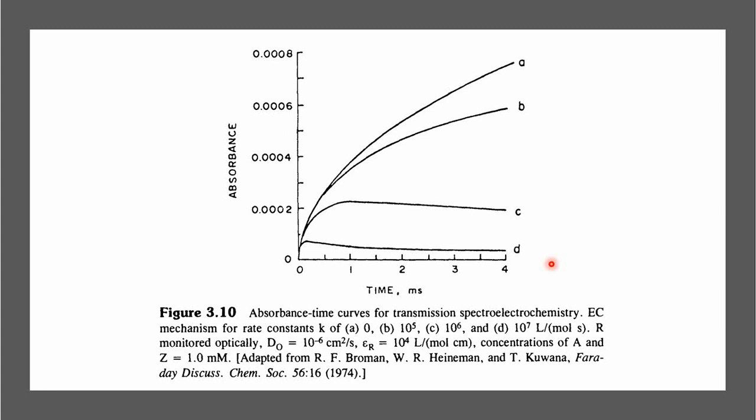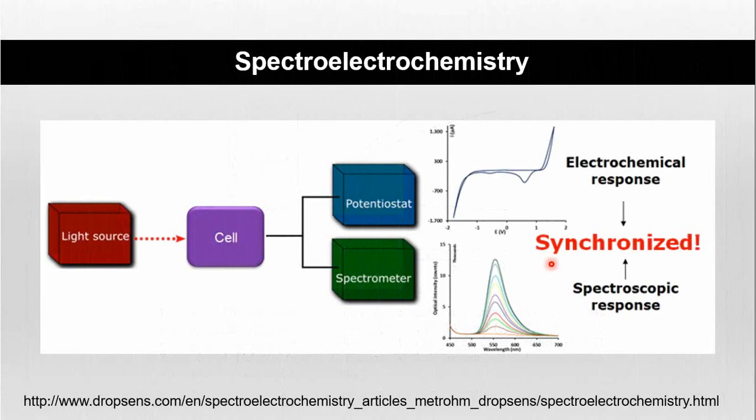Now, the transparency of the electrode enables many things. It helps us to record the electrogenerated species when it is forming, and at the same time it helps us to record the rate. You can see that in an experimental setup you have a light source, then a cell, and this cell is simultaneously connected to a potentiostat and a spectrometer.